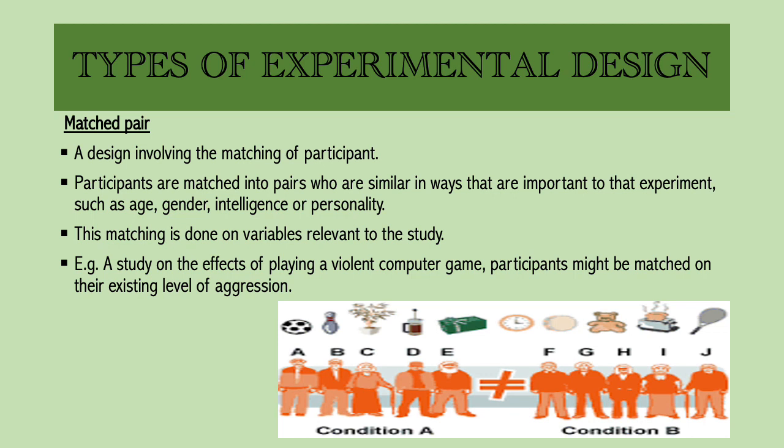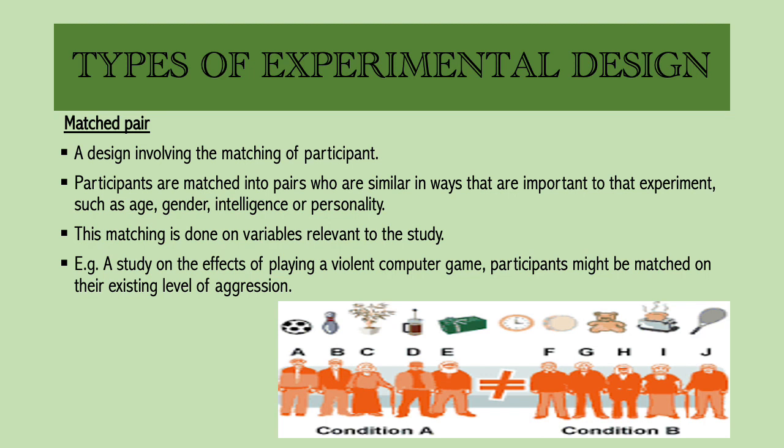They can again match it in terms of intelligence, like condition A are those whose intelligence score is high, condition B are those whose intelligence is low. So it depends on the topic of the study. So matching is usually done based on what the study is looking at. So I put there an example, a study on the effects of playing violent computer games. Participants might be matched on their existing level of aggression.